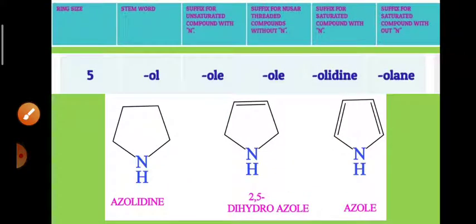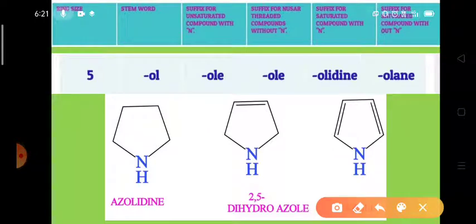Here we can see 5-member heterocyclic compounds with a nitrogen atom. So these two are unsaturated and this is saturated, so we would use this one and this one.